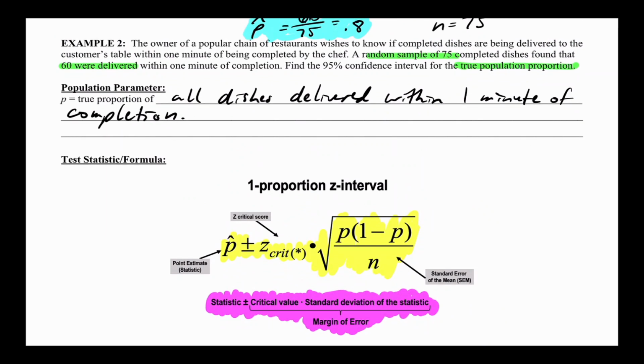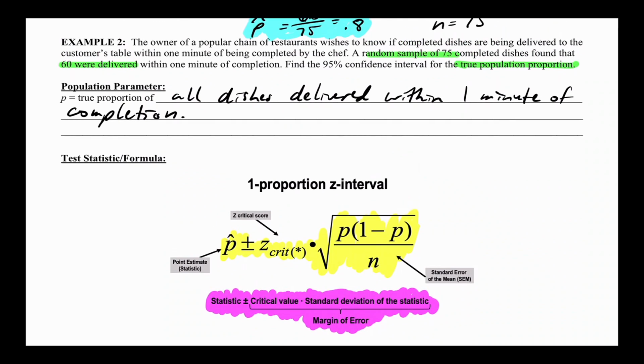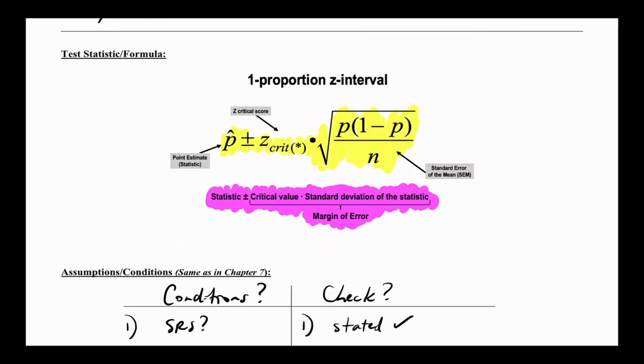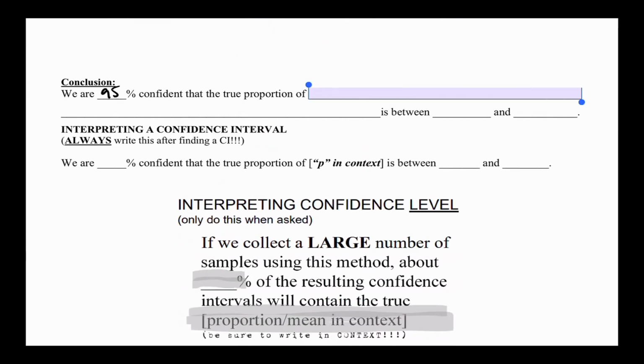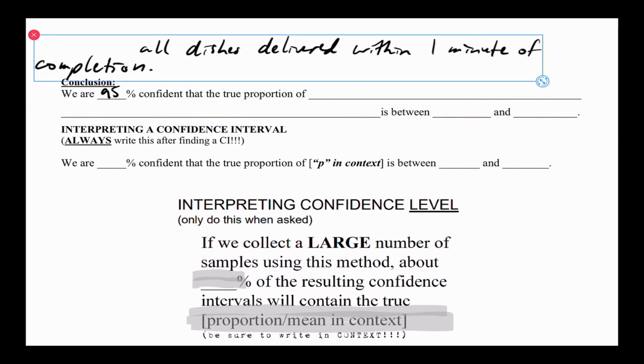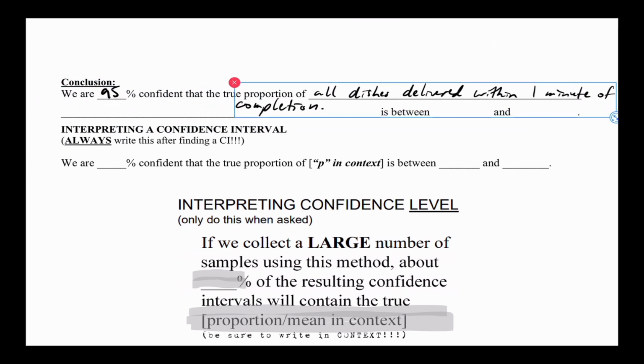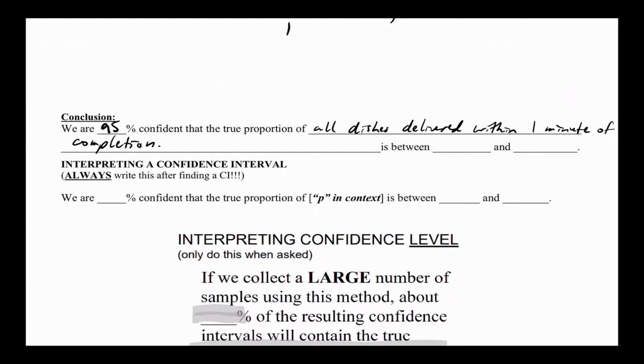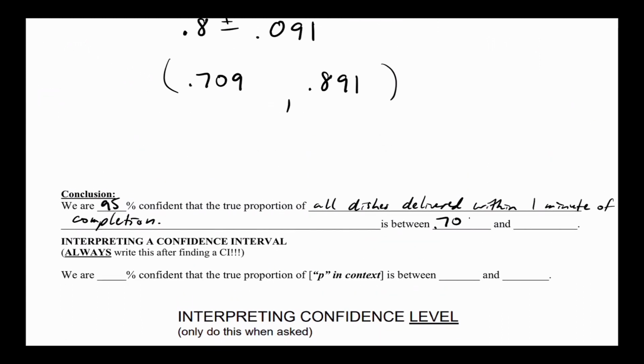The true proportion of all dishes delivered within 1 minute of completion is between 0.709 and 0.891.